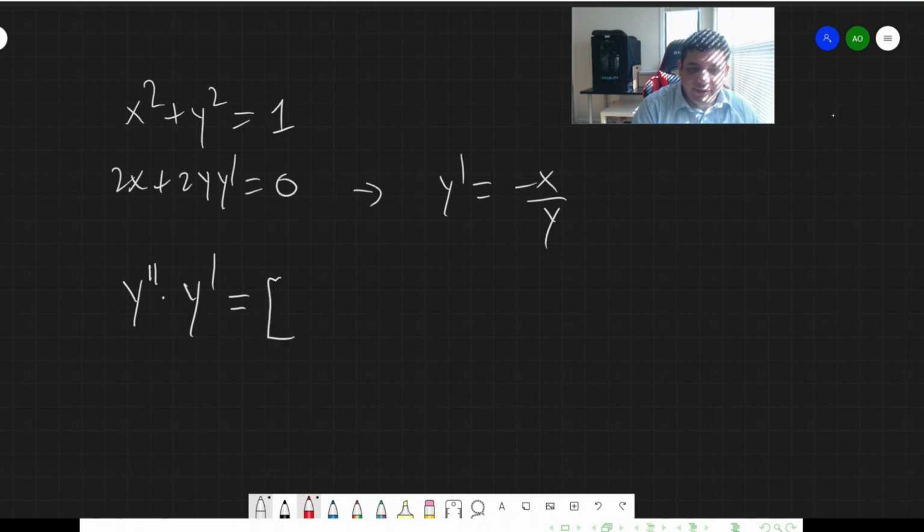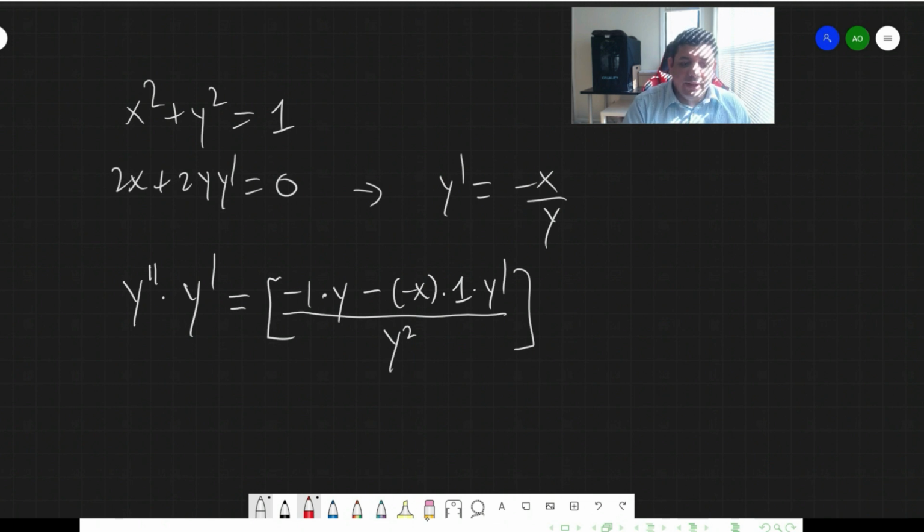So I have minus 1 times y plus, minus x times 1 times y prime, divided by y squared. Okay. And at this point, I can simplify a little bit over here. This is minus y and then plus x y prime, divided by y squared.